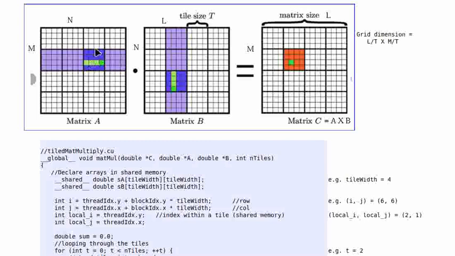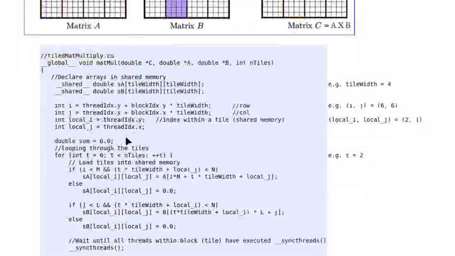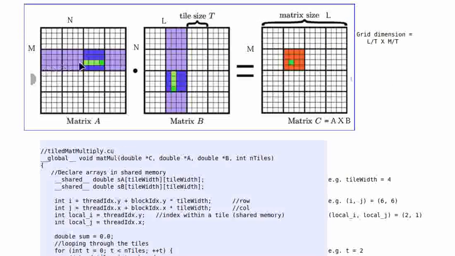Within this operation, this row will multiply this column, so it gives us this element for these particular 2 blocks, to give us one particular value. And eventually we need to sum up all these values from the product of each 2 blocks. So that's why we need to do a loop through all the tiles, n tiles. In this case, it is 4.